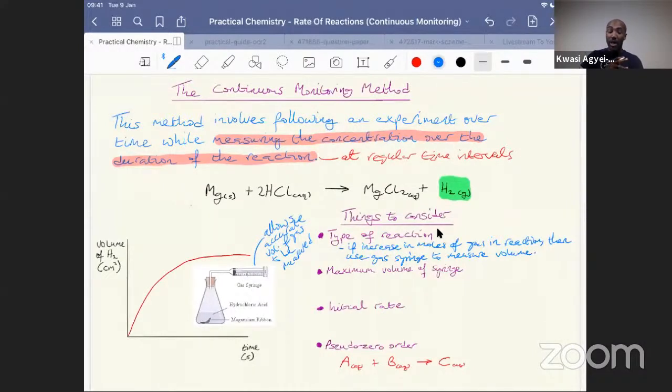Okay, so another important practical thing to consider is what the total volume of gas is going to be in the reaction in question. So you would need to work out the number of moles of your gas being produced.